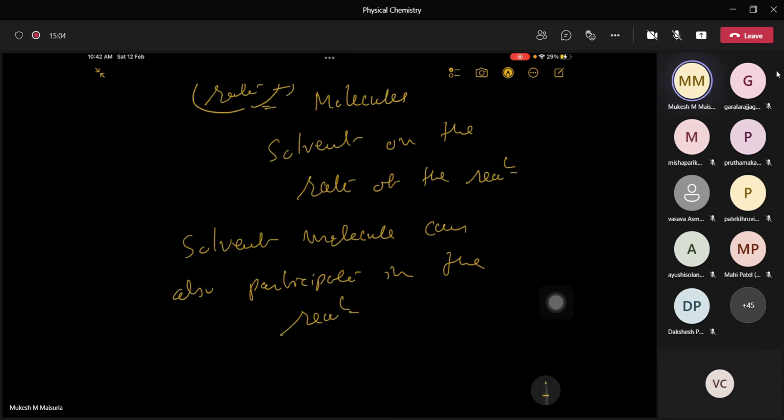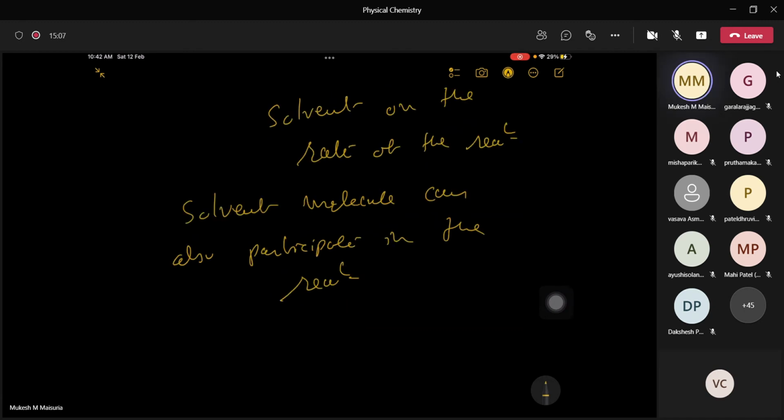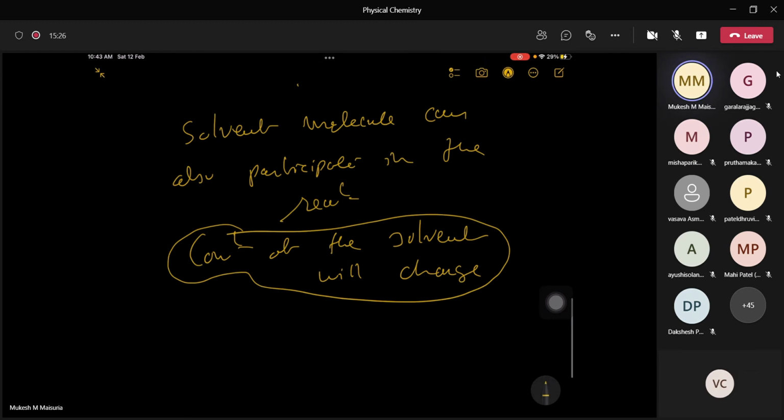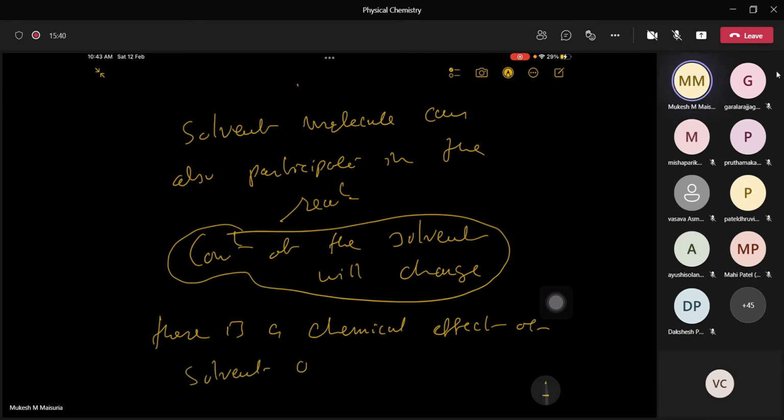It means that the concentration of the solvent will change. If the concentration of the solvent changes, we can say that there is a chemical effect of the solvent on the reaction.